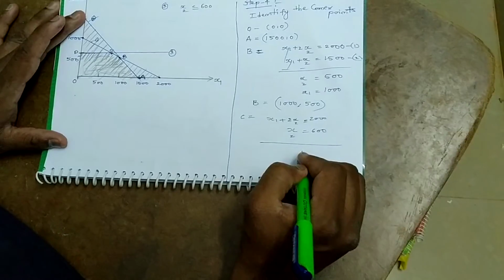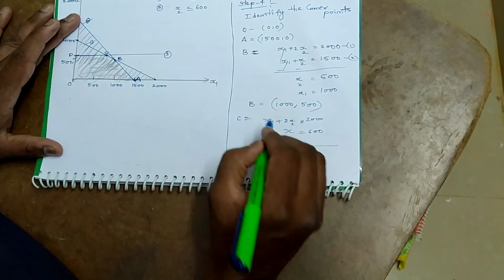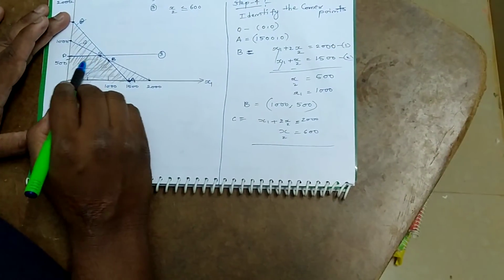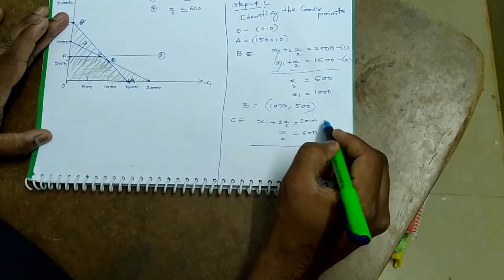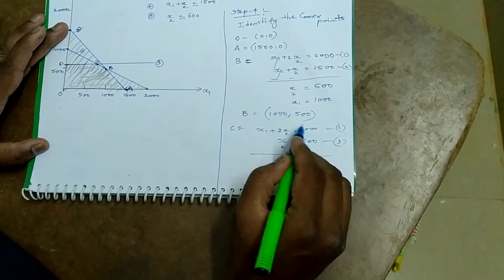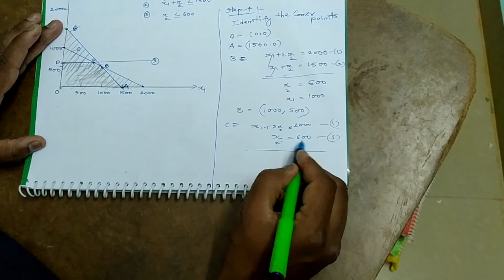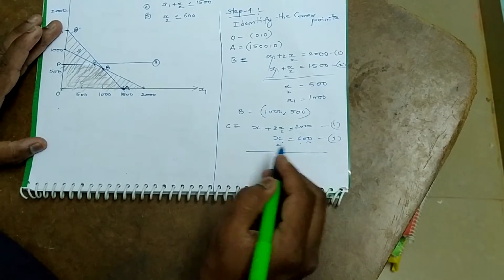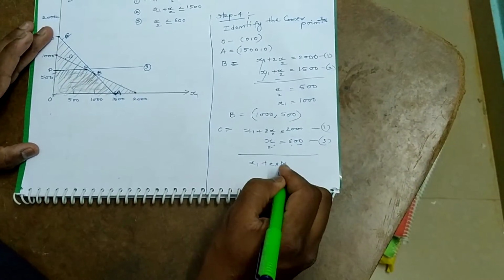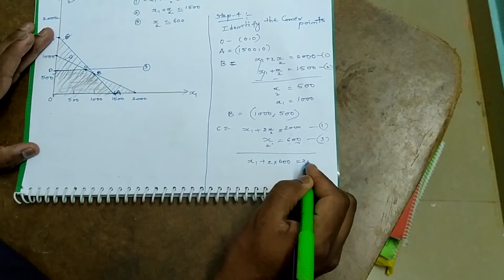By solving this, we get the corner point C, the intersection of line 3 and line 1. Line 3 is this one and line 1 is this one. How to solve these two? Simple. You got x2 value 600. Put this x2 in this equation. Then x1 plus 2 into 600 is equal to 2000.